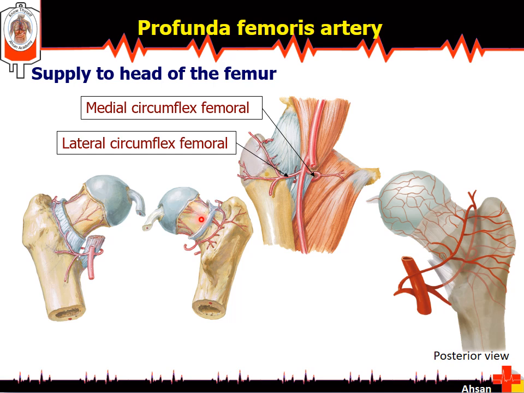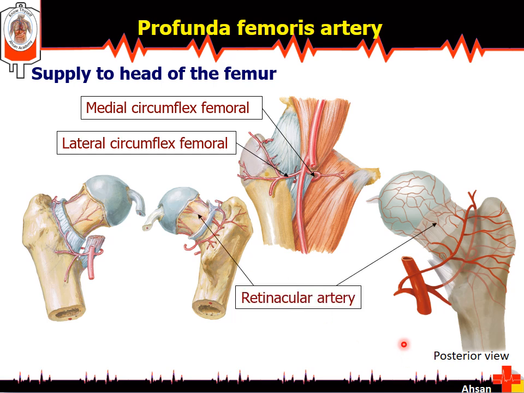enter into these, give branches to the neck, and enter into the head through some openings here, so supplying the neck as well as the head. So all the arteries are very closely related to the neck bone.